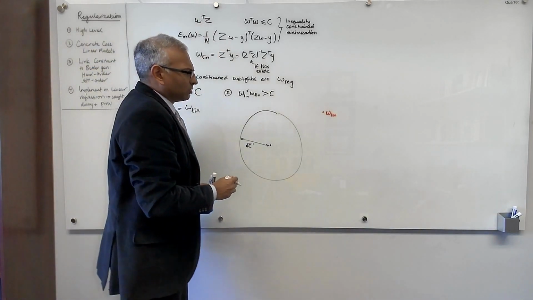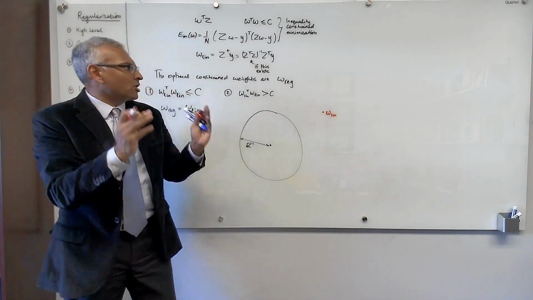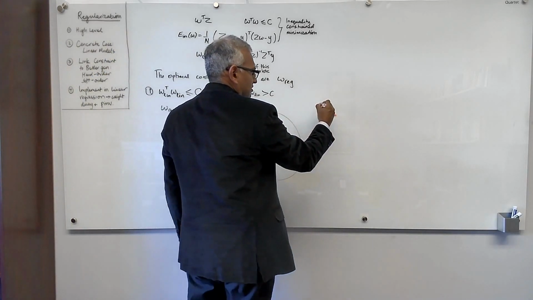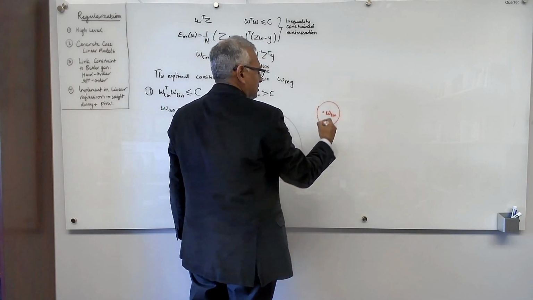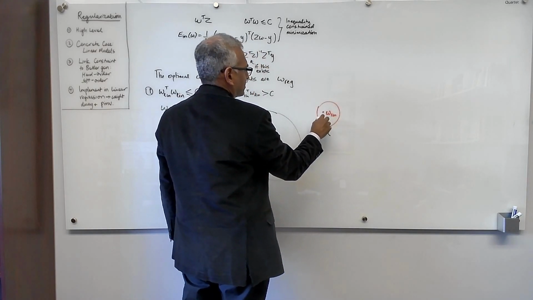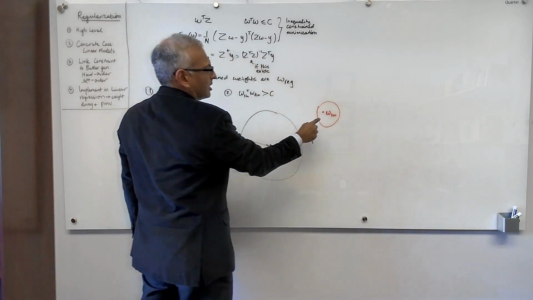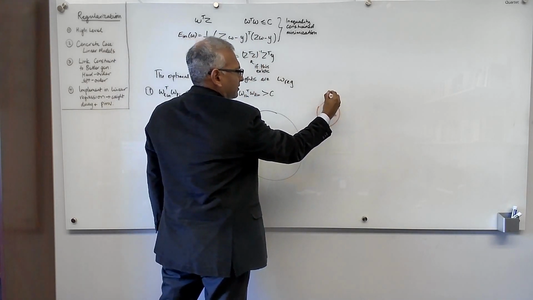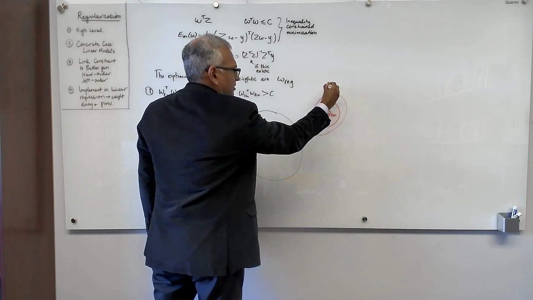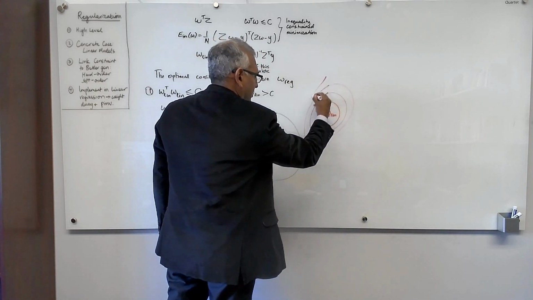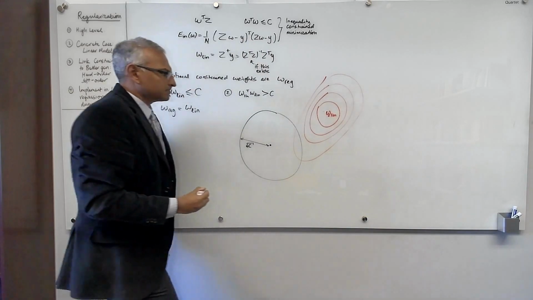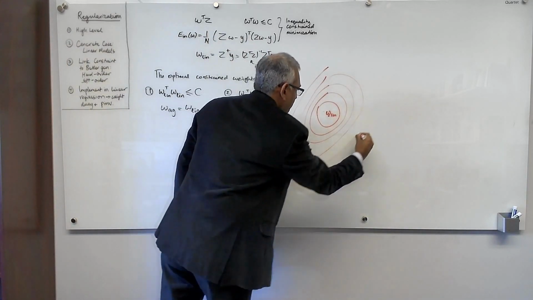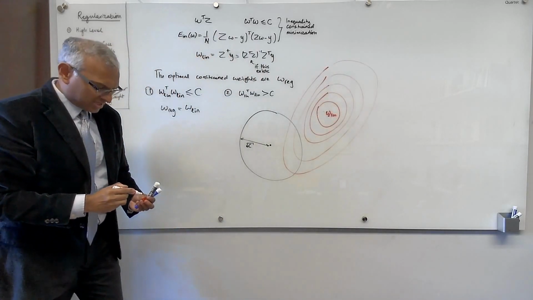If I look at the contours of constant in-sample error, it's minimum here, and then there's an elliptical region around the linear weights where you have a constant in-sample error, and if you move further and further away, the in-sample error is increasing.